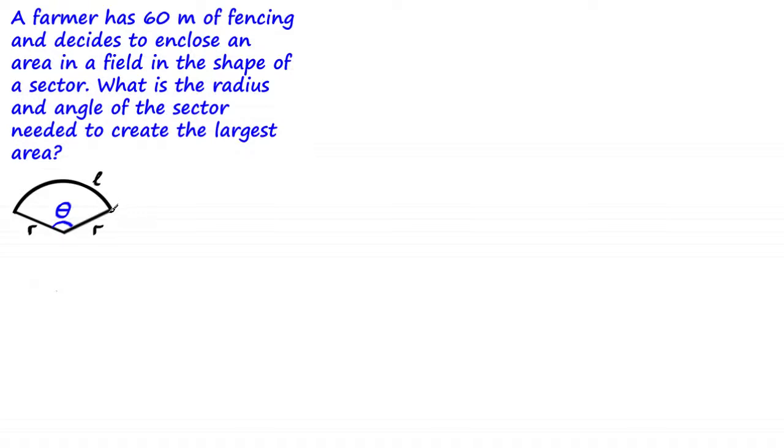Let's say the radius. If we could do that, then we'll be able to differentiate it and find out what r would have to be to give us that biggest area. So we're trying to get an equation for the area in one variable. And at the moment we've got three variables here, r, theta and L.